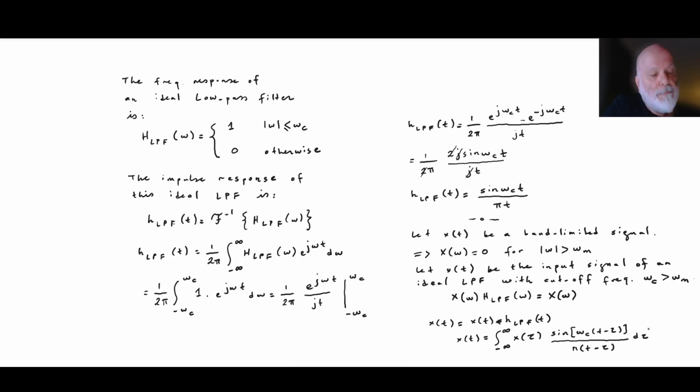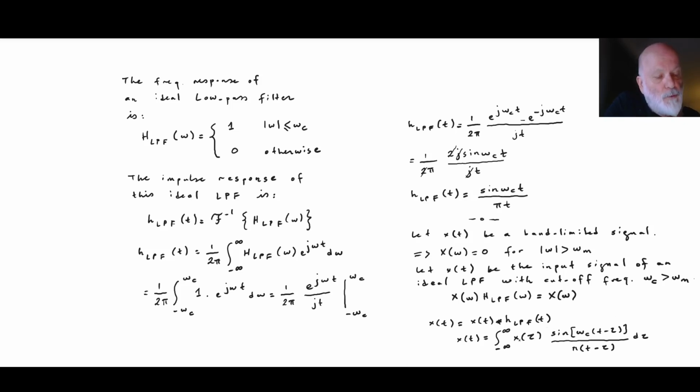So we have a representation of x of t in terms of x of tau multiplied by a time shifted version. We have time reversal and then time shift in convolution.